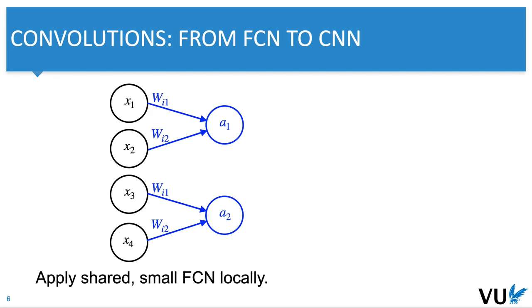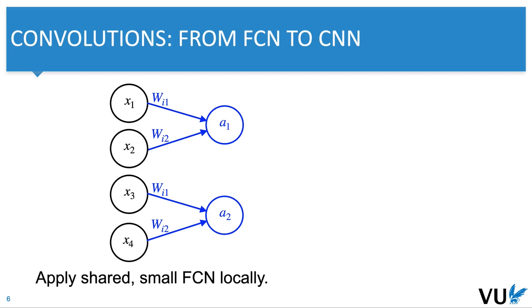So here we apply this to x1 and x2, and then we jump and we apply exactly the same small fully connected network, but only locally, as a shifting window, to x3 and x4, and we look at what the output is, the so-called feature map, at these positions.